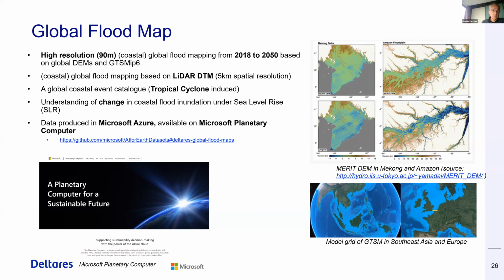The idea was to create high resolution flood maps globally for current climate and some future climate, so some sea level rise scenario. We were using different topographies to get an idea of the uncertainties in those. And there was also some work on tropical cyclones, so individual storms, etc.